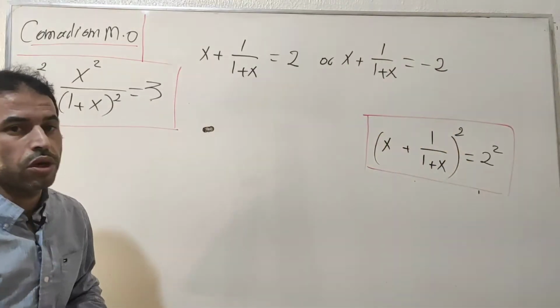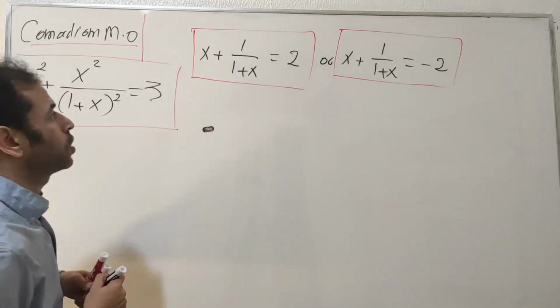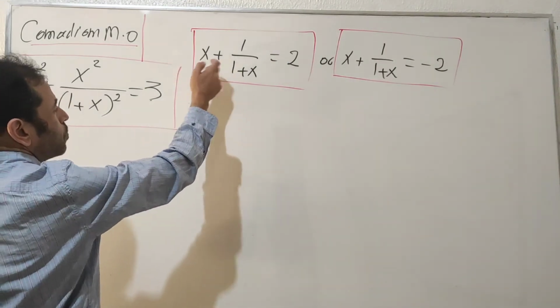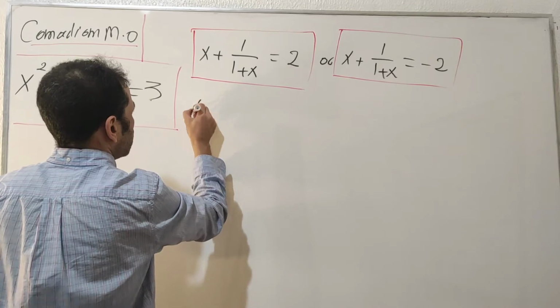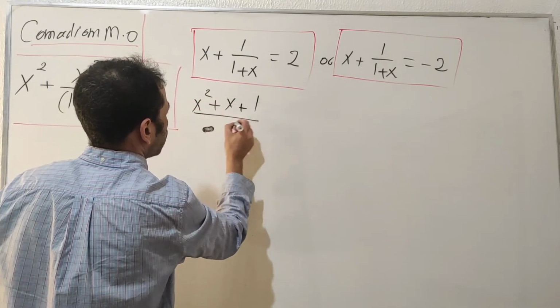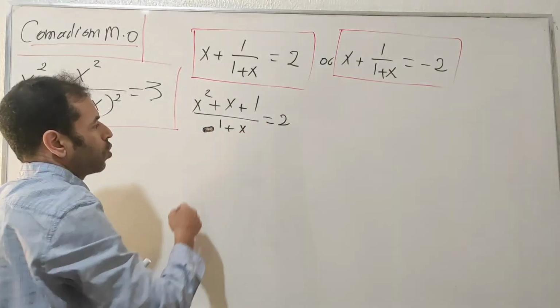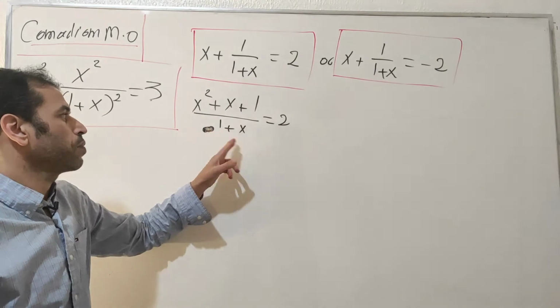I'm going to go through each one. Going through the first one, I'm simply going to cross multiply. I will have x squared plus x plus 1 all over 1 plus x, which equals 2. Also, I'm going to multiply both sides by 1 plus x.